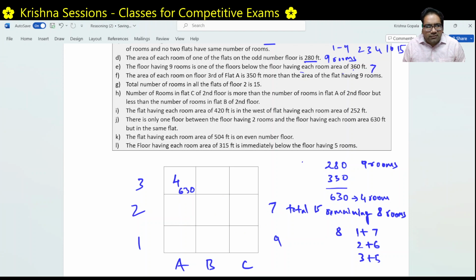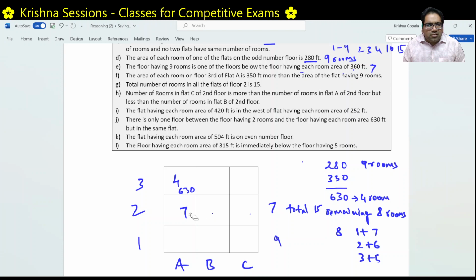Right, but in this case, if we take 1 plus 7, one flat having 1 room and another flat having 7 rooms, it will contradict, right? Let's say the 7 is somewhere here and this 1 is here, this and this will contradict. Or even if you put 7 here, 1 here, that will also contradict, right?